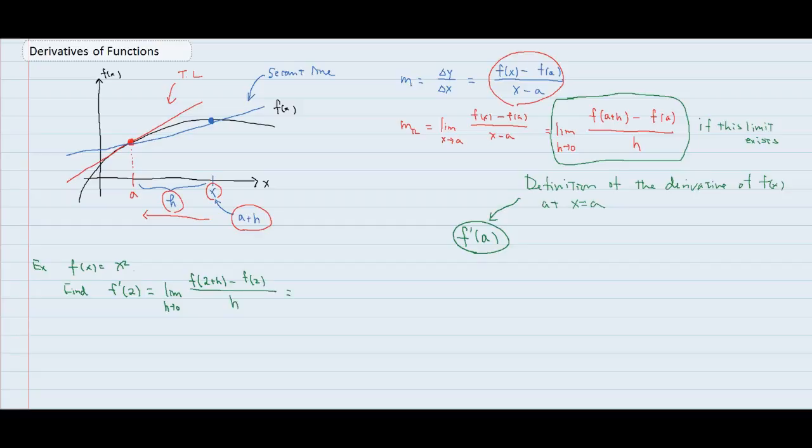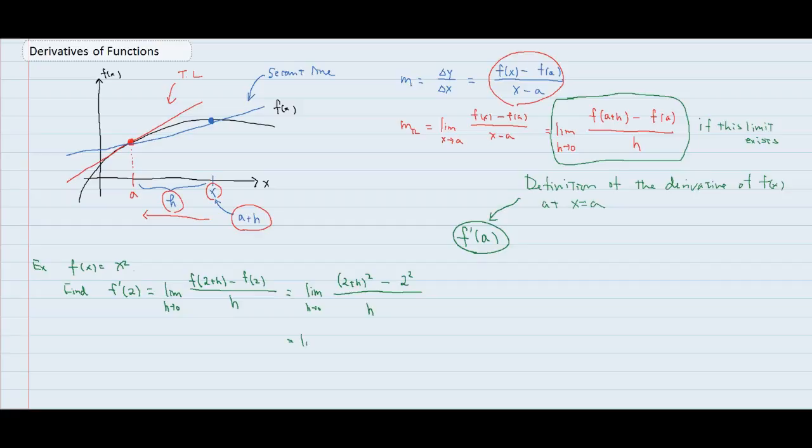Now I can definitely rewrite both of these terms in the numerator. If I plug in 2 plus h into x, let me just write this limit notation there. So if I put 2 plus h into that x, I get 2 plus h quantity squared minus f of 2, just plug in 2 into x, so I get 2 squared all over h.